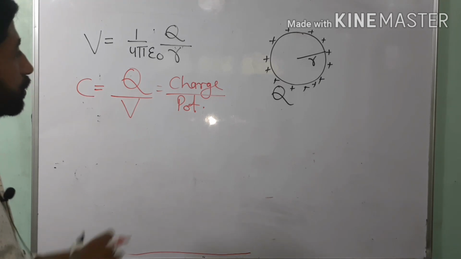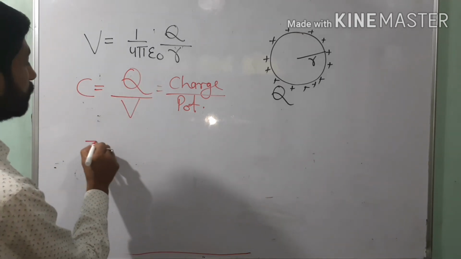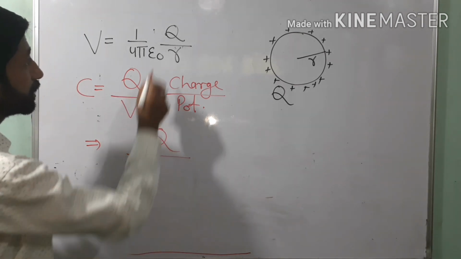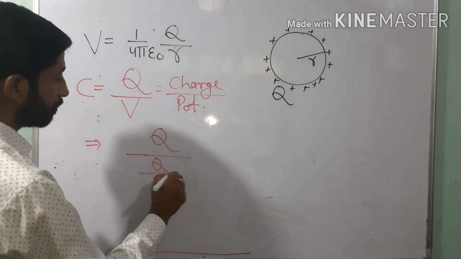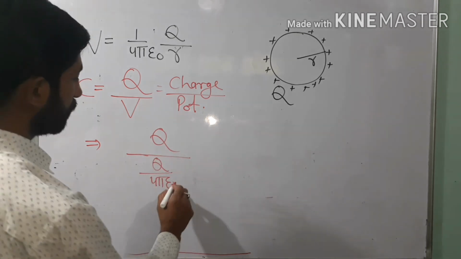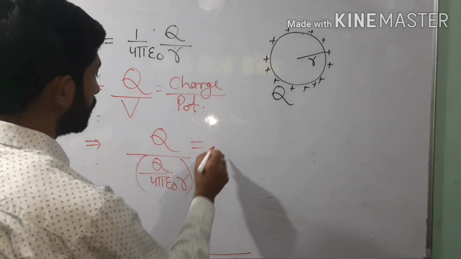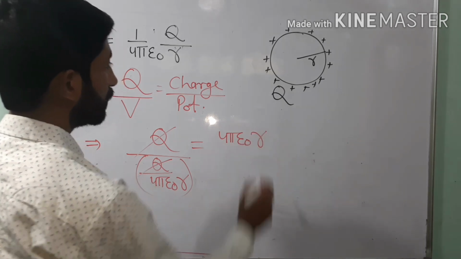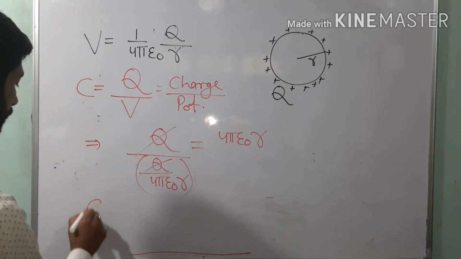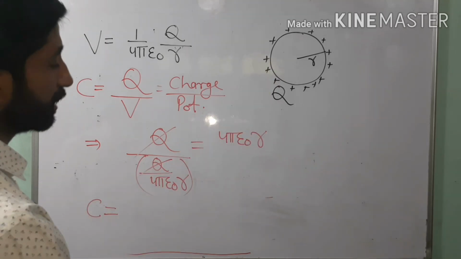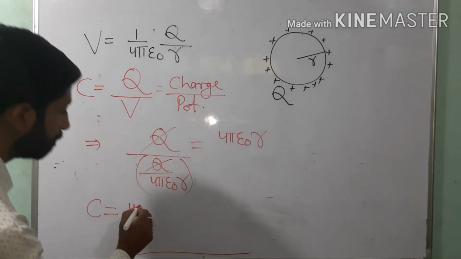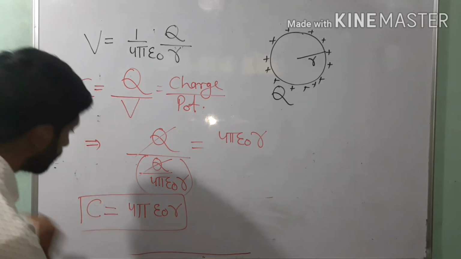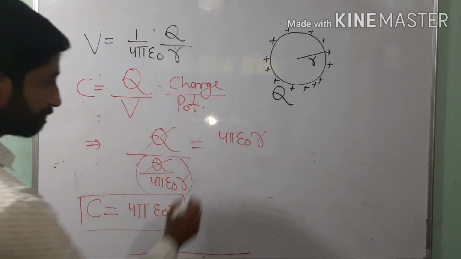Putting in the values, the charge given to the system is q, and the potential is q upon 4 pi epsilon naught into r. By solving we get C is equal to 4 pi epsilon naught r. That is the capacitance of this spherical conductor. That's it, my formula is now done.